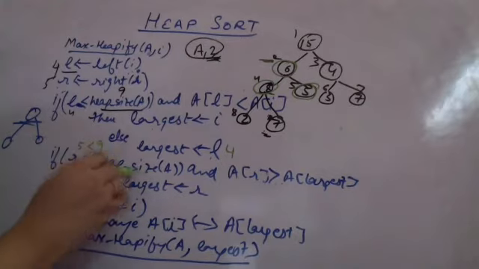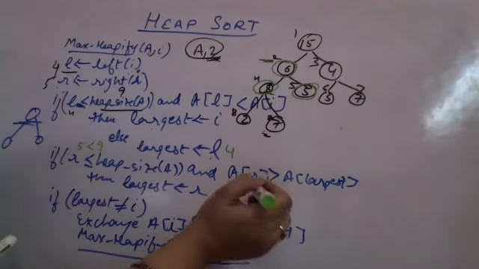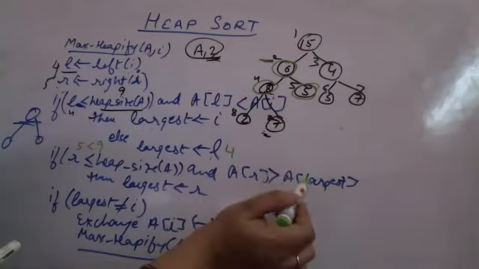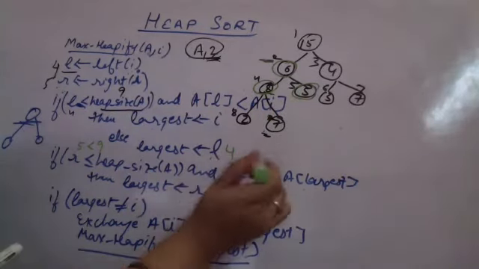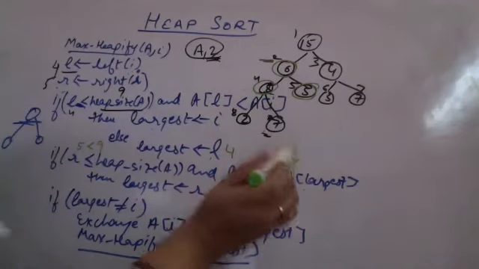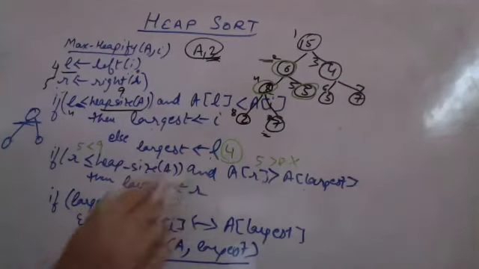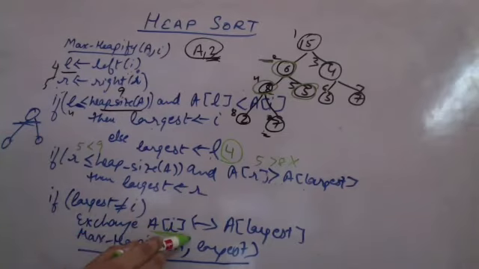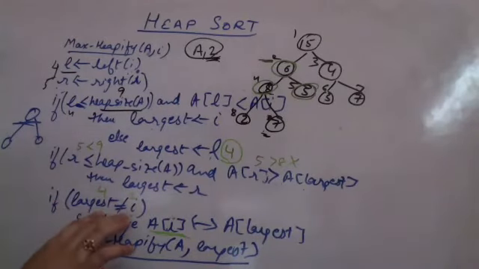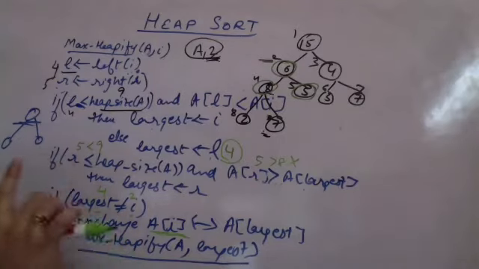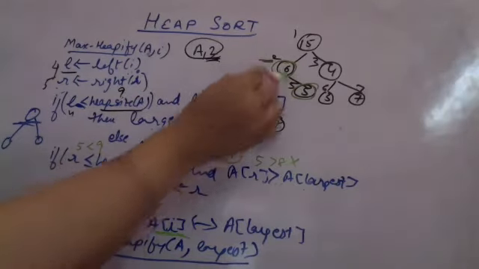Now checking again, R is 5, less than 9, the size of the heap, yes. A of R, which is 5, greater than A of largest, which is 8? No, so largest remains 4. Now check A of I, which is A of 2, which is 6. If largest is not equal to I, largest is 4, I is 2, they are not equal, meaning the heap property is not satisfied, the parent is not greater than the children.